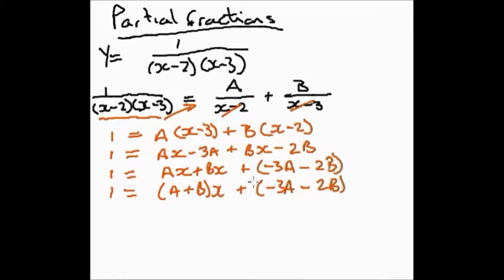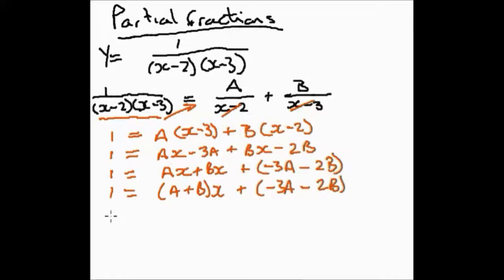Good. Now for the left hand side of the equation, which we've got here as 1, to equal the right hand side, the coefficient of x on the left must equal 0. The coefficient of x is there, but we haven't annotated it.